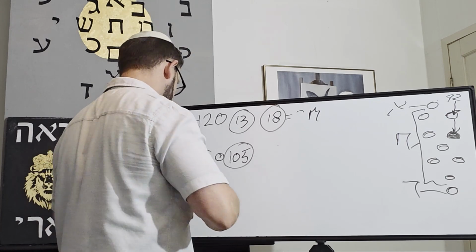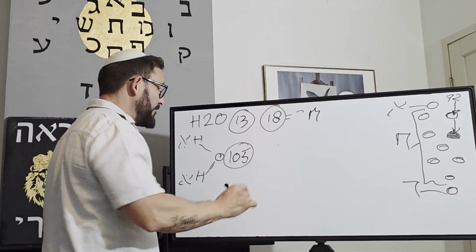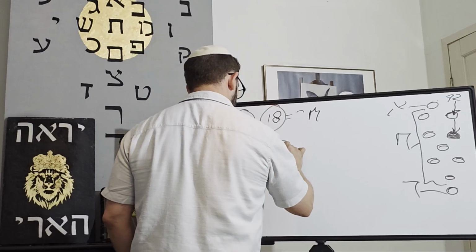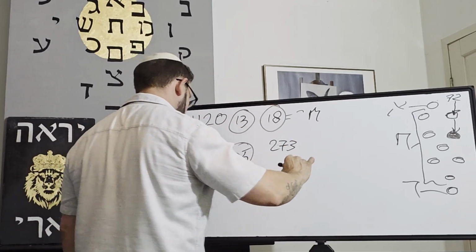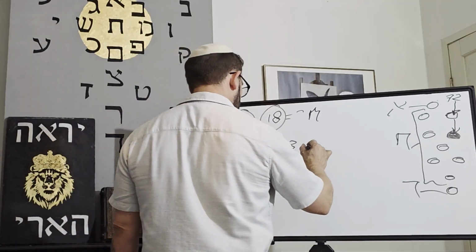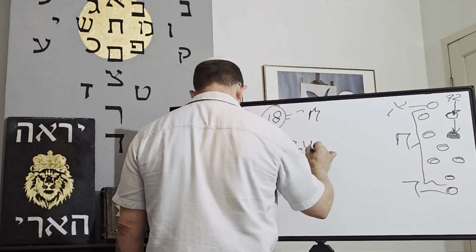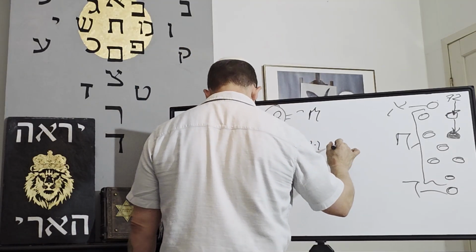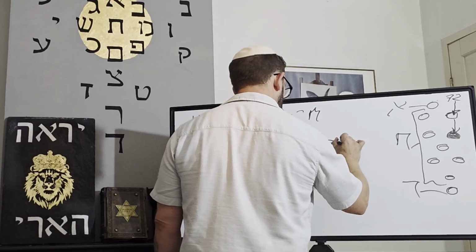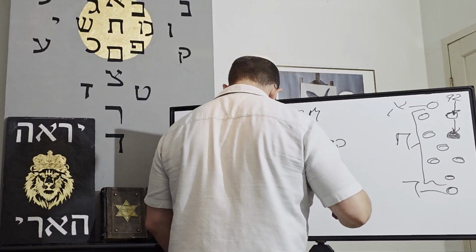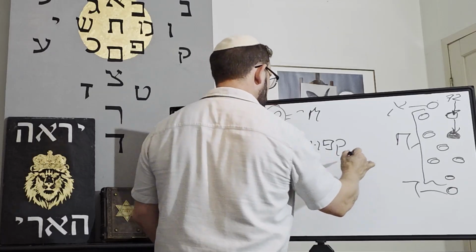Its freezing point. Its freezing point at Kelvin is 273. And 273 is, and I'll write backwards to save some space, is a couple of things. Kafu. Kafu means frozen.